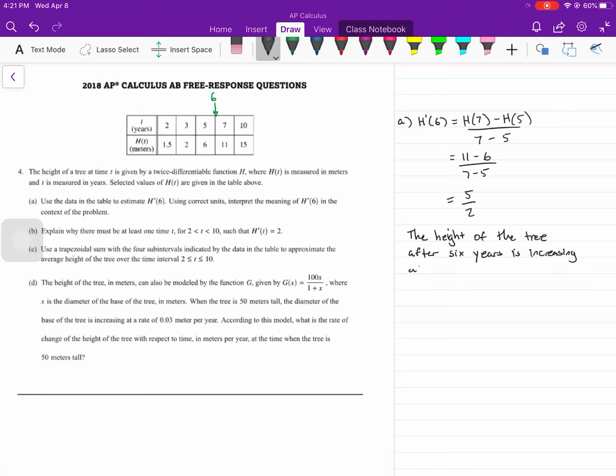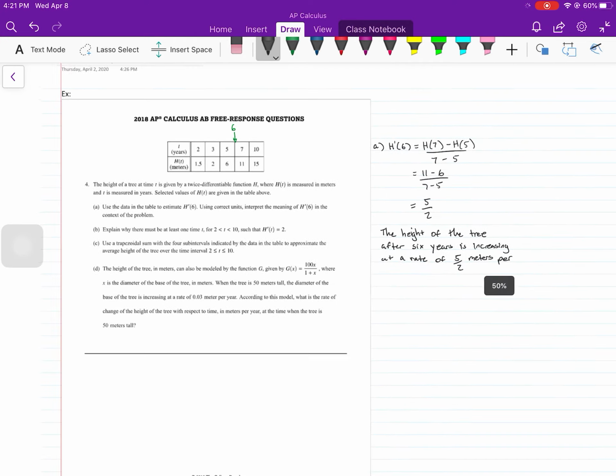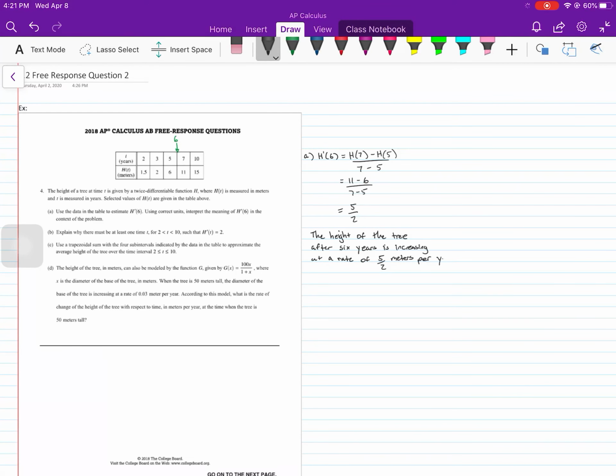So you could say it's increasing at a rate of 5 over 2, and a rate needs to have some units. So what is this? This is meters in years, so meters per year. And that would be a perfectly reasonable response for that one.